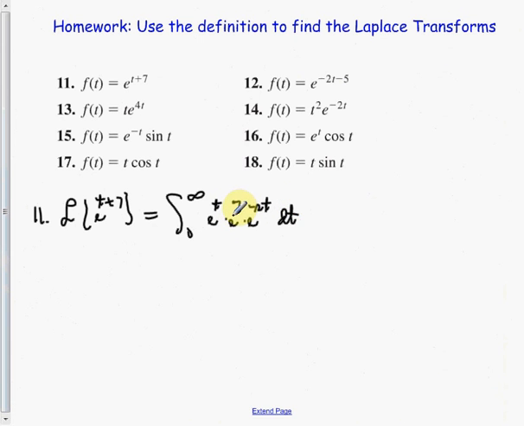Now, e to the 7th is just a fixed number, a constant, so you put that in the front of the integral. This is e to the 7 times the integral from 0 to infinity of e to the 1 minus s times t dt, right? e to the t times e to the negative st, you can write that as e to the parentheses 1 minus s times t.